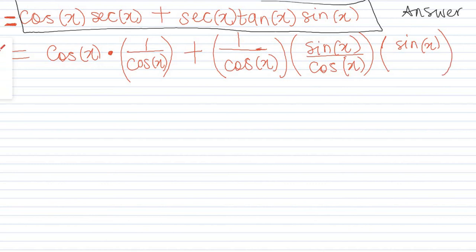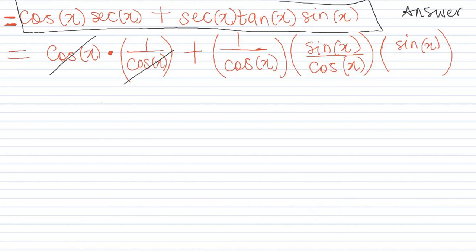So now what can we do? We can cancel information out. We have cosine x here, so we cancel that out, and we have cosine x and then sine x over cosine and sine x. We can't really cancel anything out, but what we can do instead is multiply them together, right?